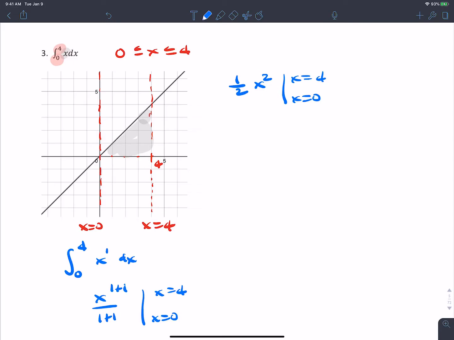0 to 4, which becomes, remember, you're going to have to write this as what? F of b minus F of a, which is 1/2 4 squared minus 1/2 0 squared.